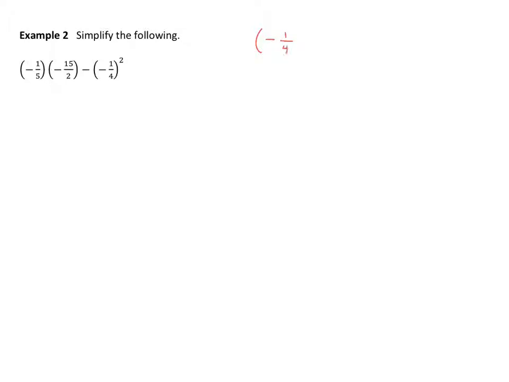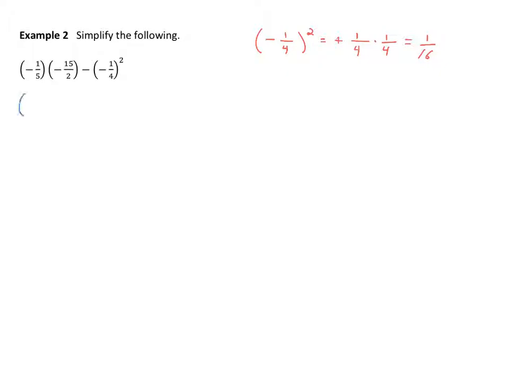Since we're squaring a negative, I know the answer is going to be positive, and 1/4 squared is a fourth times a fourth. And 1/4 times 1/4 is a positive 1/16. I'm going to put that back into the expression.